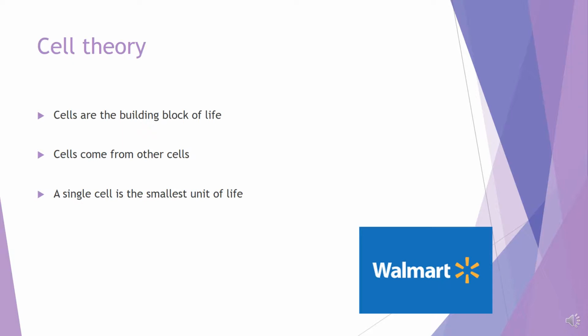And that's because cells come from other cells. Cells do not come from aisle 13 at Walmart, okay? While Walmart does have almost everything you could need, it does not have cells. So cells come from other cells is one of the three main points to cell theory. Cells are the building blocks of life, and a single cell is the smallest unit of life.